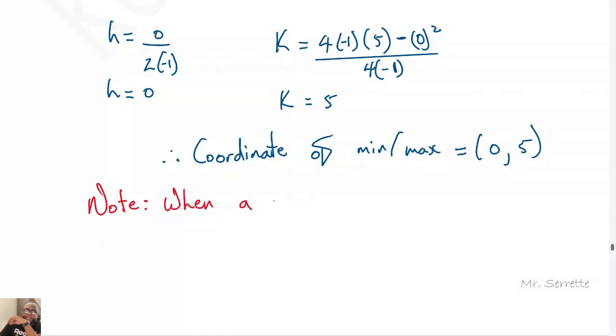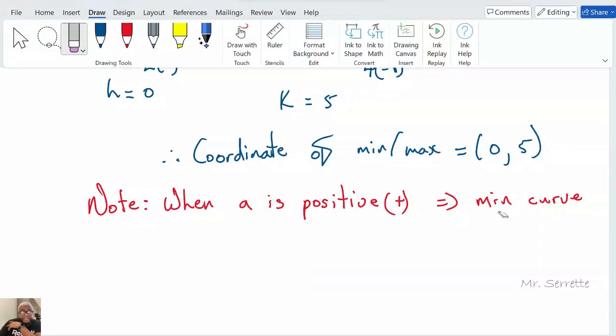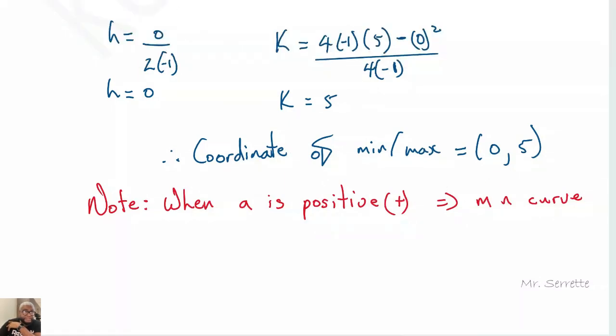All right. So when A is positive, wherever A is positive, this implies a minimum curve, right? So you can actually watch the value of A and determine if your curve is a minimum or maximum.